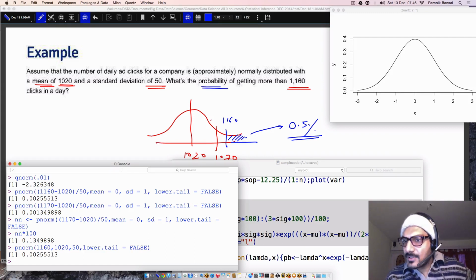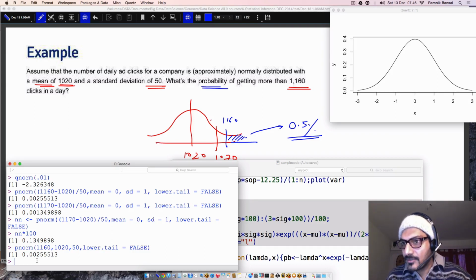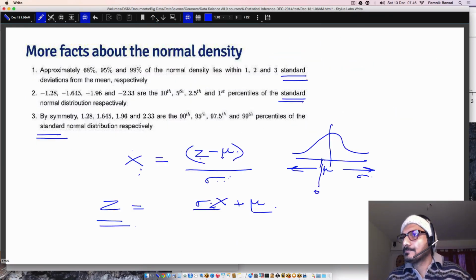So are we getting it correct? At 3 standard deviations from the mean, 99% of the normal density lies within this, so there'll be half a percent in each tail. Why are we not getting half a percent? Let's see what we actually get.